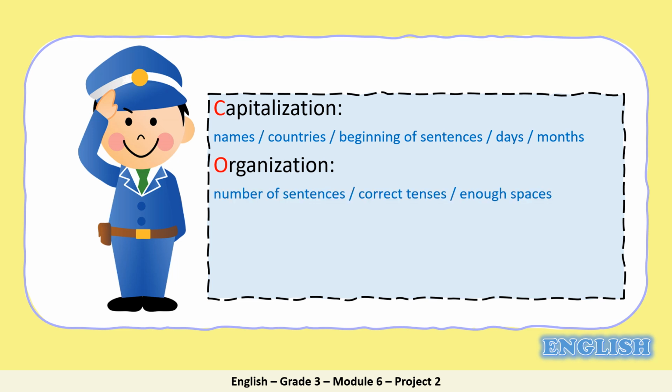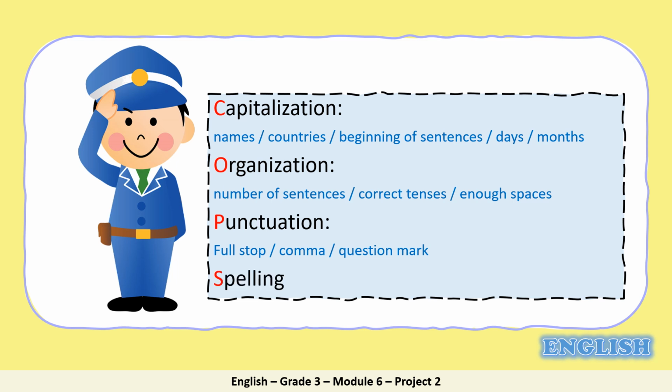This means the number of sentences, using correct tenses, and leaving enough space between words and sentences. P stands for, exactly, punctuation, and this means using full stop, comma, and question mark where needed. S stands for spelling, and you can always go back to your book to check the spelling of words.